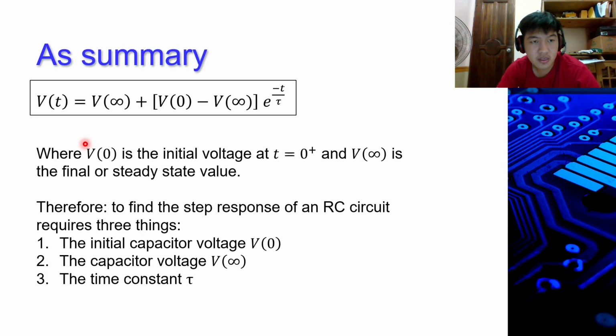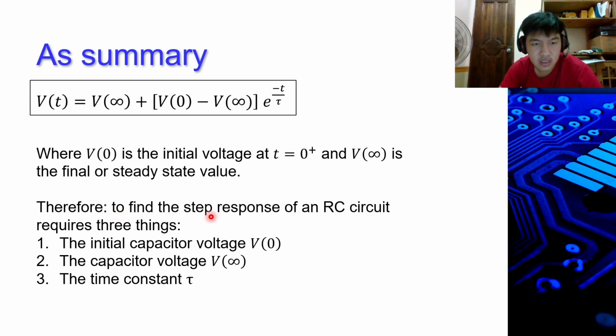As a summary, V of t is equal to V infinity plus V of 0 minus V of infinity times e raised to negative t over tau, where V of 0 is the initial voltage at t equal to 0 positive, and V infinity is the final or steady state value.